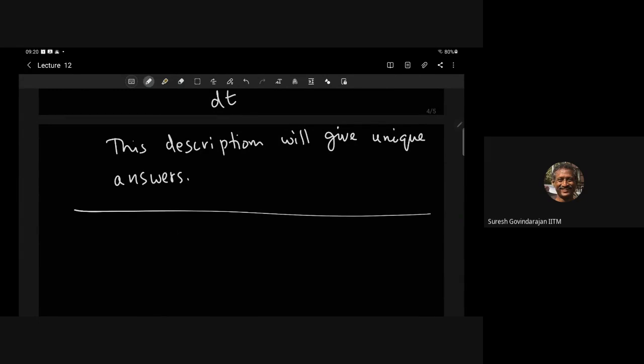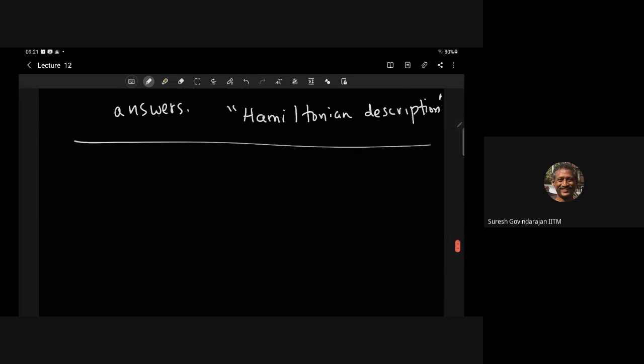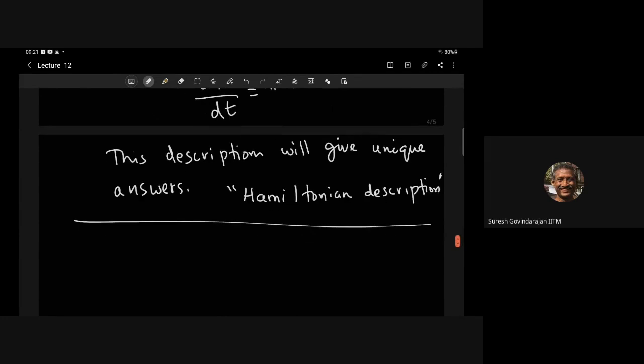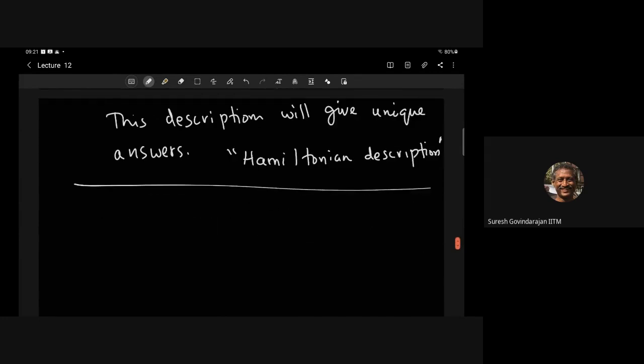This method is the Hamiltonian description, which we will do at a later stage. And I've already made the remark that the action principle, or Hamilton's principle, connects up nicely to quantum mechanics.